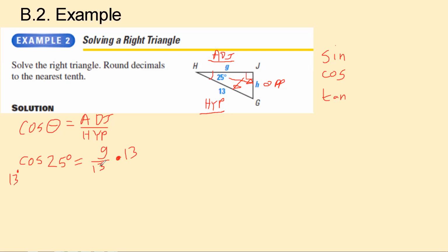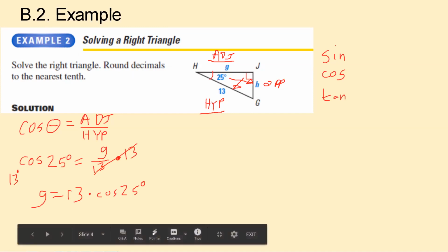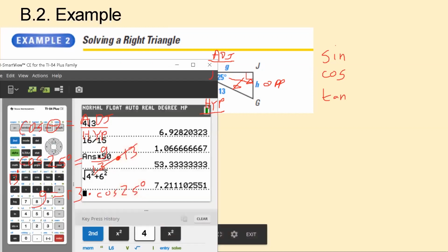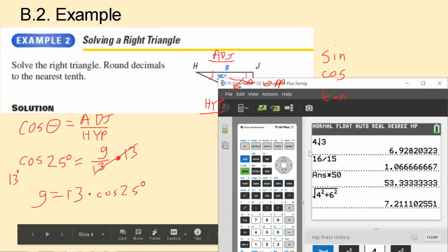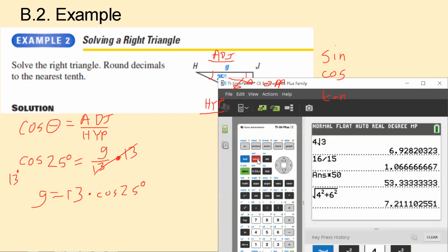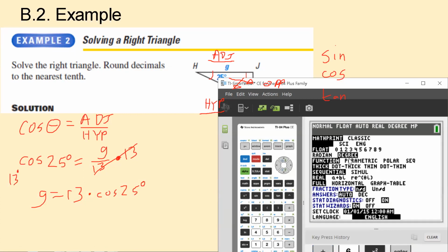So on the right side, these will cancel, and I'll have G is equal to 13 times the cosine of 25 degrees. All right, if I want to find out what that is, I then grab my calculator, hit mode, make sure it's in degrees.